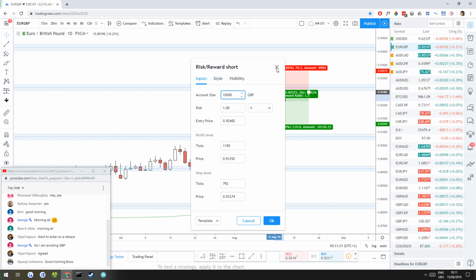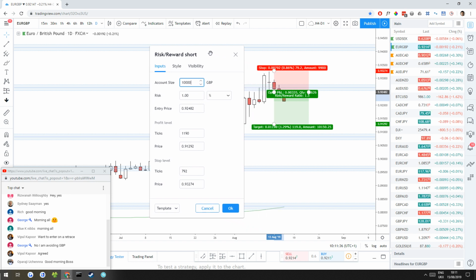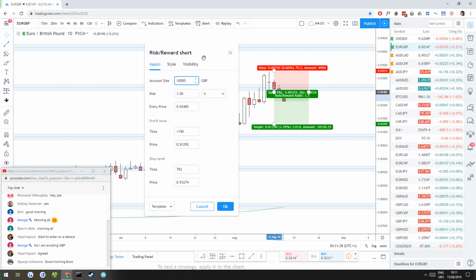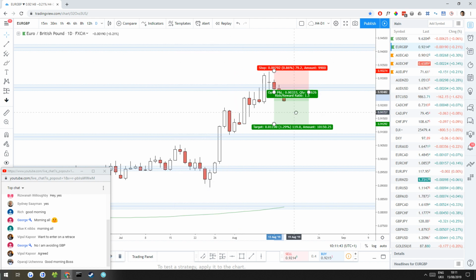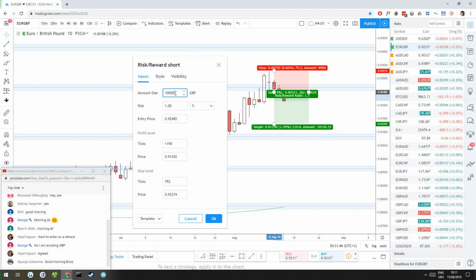So you want your... Why did they change this? Whoa, this is awesome. What? One second, guys. Wait, but what does this do? It doesn't tell me my position size or anything like that.